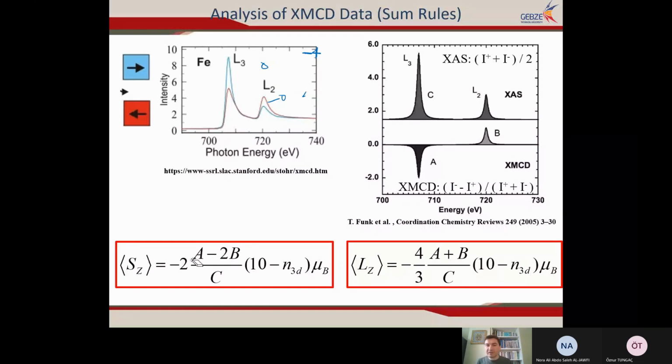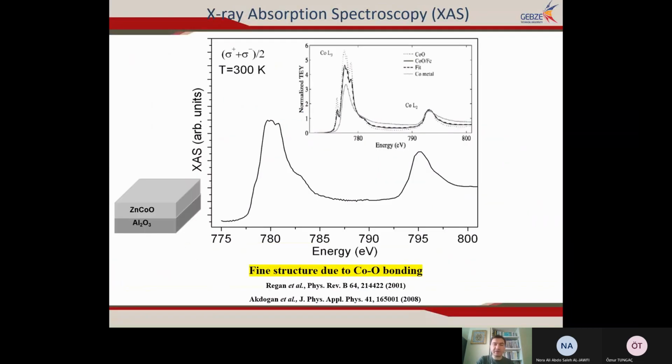Look at this one here: A is negative, B is positive, but A is bigger than B, so this will give us a negative number. And here we have a negative sign, so the result will be positive. Okay, so these are the sum rules and the analysis of XMCD data. And with this transparency, I will finish my lecture.